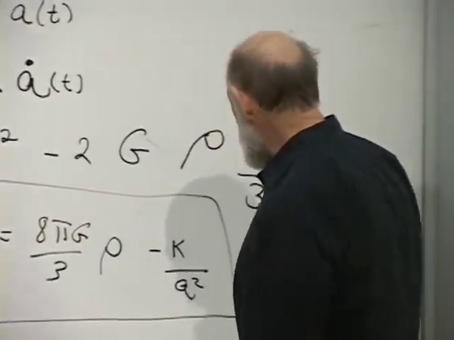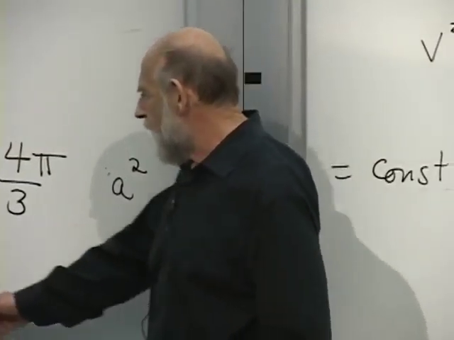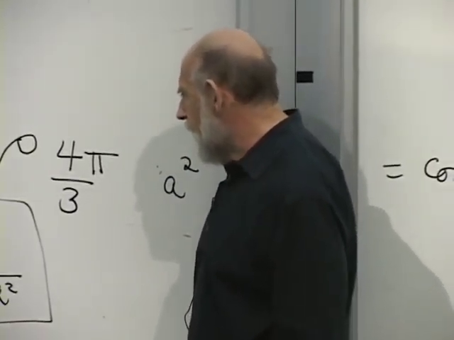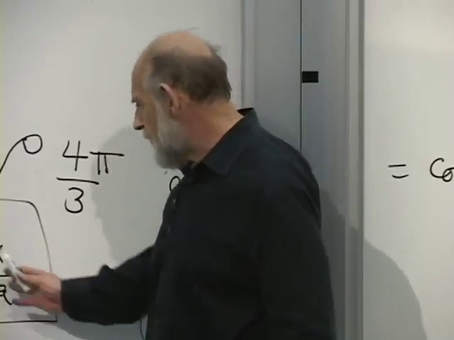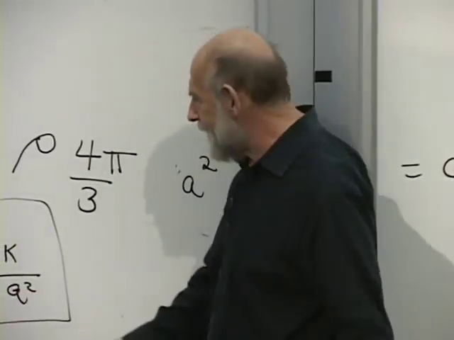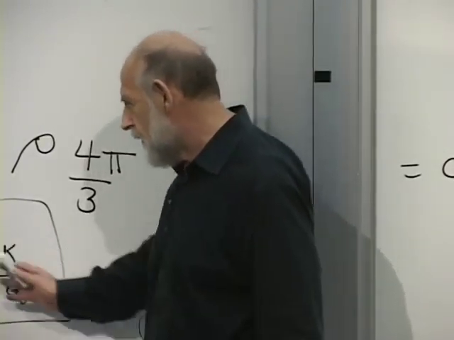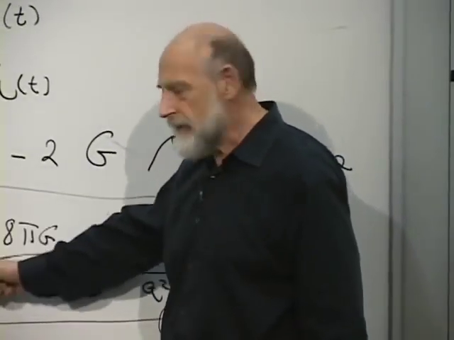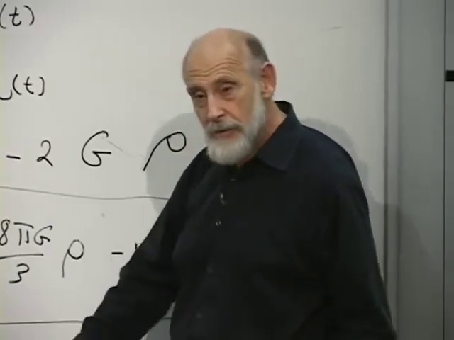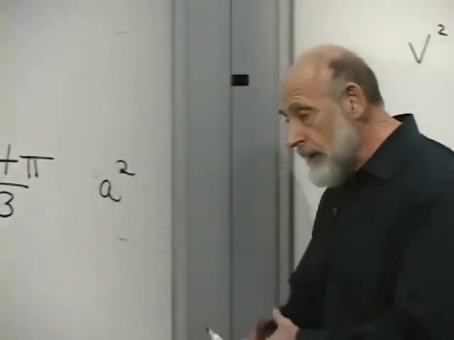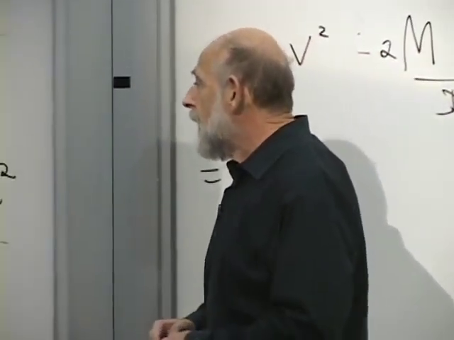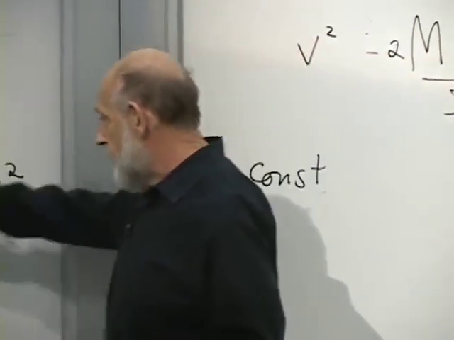In any case, what does this equation tell you? It tells you that if there's any mass density here, in general, unless these two exactly cancel, but they won't cancel in general, A will depend on time. The left-hand side in general won't be 0, and it'll depend on time. And that means the universe will either expand or contract or whatever it's supposed to do. These are the FRW equations.